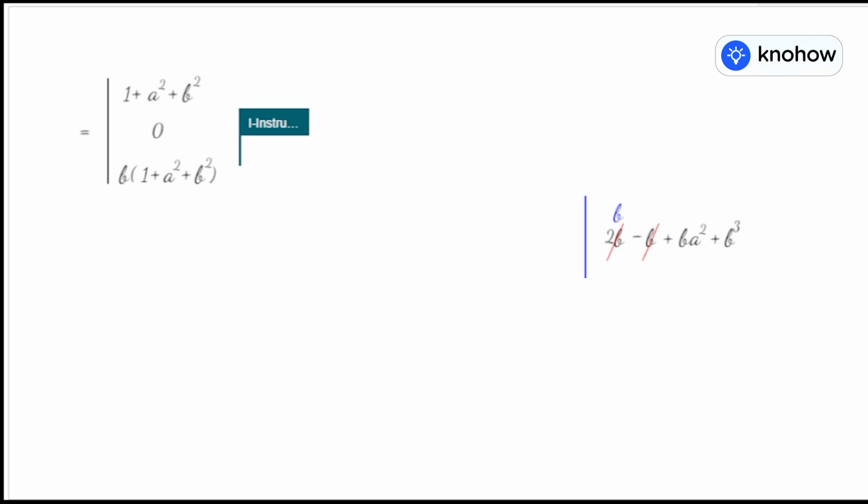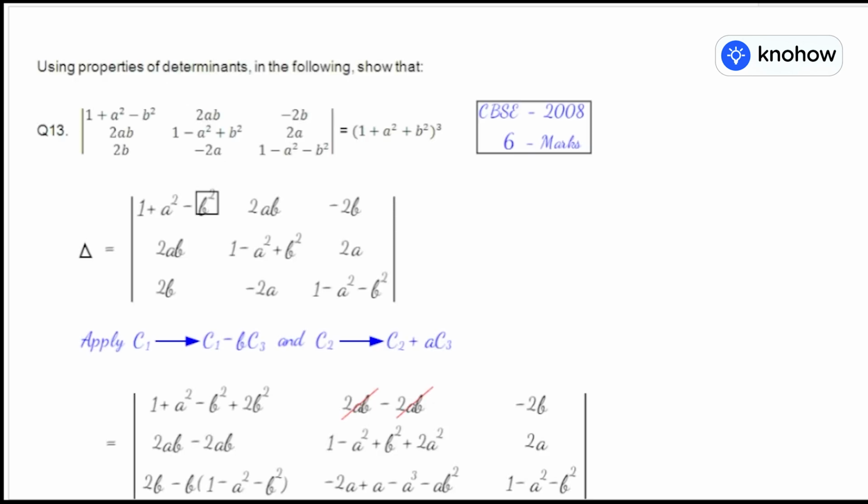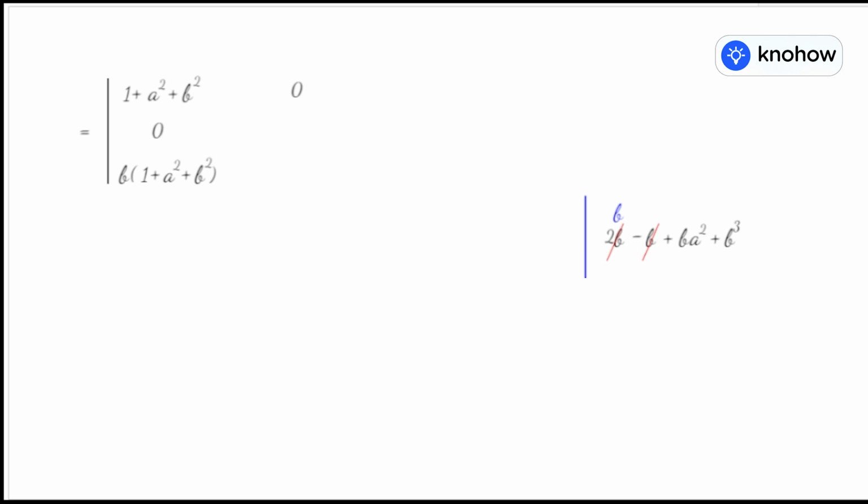Now in the second column, 2ab − 2ab cancels to give you 0, and 1 − a² + b² + 2a² we make it 1 + a² + b². And in the last term, −2a + a is −a, so if you take −a common, you are left with 1 + a² + b².